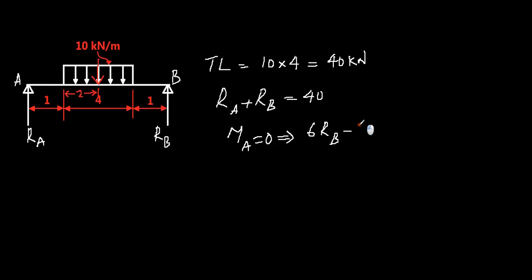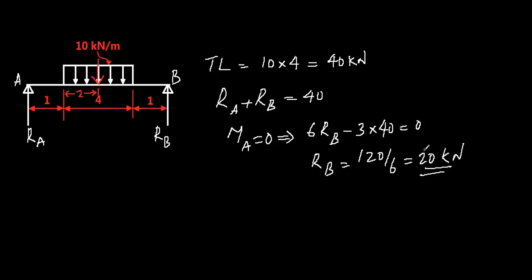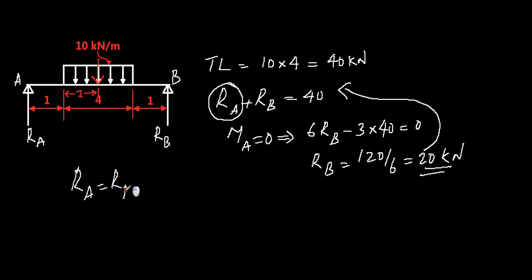Therefore, minus 3 times 40 is equal to 0, or Rb is equal to 120 over 6, that is equal to 20 kilonewton. Now if you substitute this 20 kilonewton in the equation here, you can calculate the value of Ra. Rb is equal to 20, and therefore Ra equal to 20. So you have Ra equal to Rb equal to 20 kilonewton. That is the reactions.